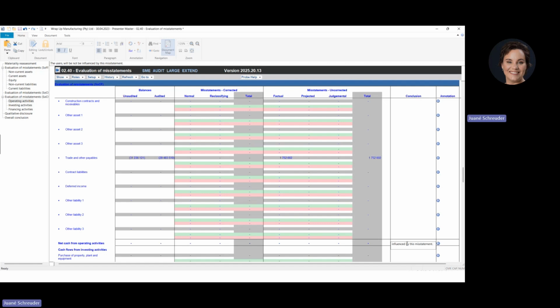And then we can say this is a misstatement between non-cash items in operating cash flows and working capital.